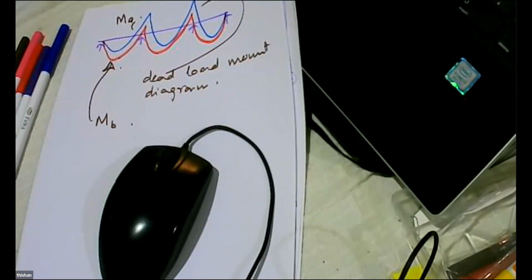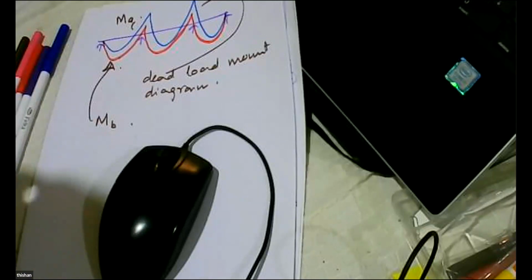The second condition is, just because you have got a zone which is valid throughout the length of the beam using the Magnel diagrams, it does not mean it is going to be adequate. You have to check whether it's adequate or not by using the EP upper limit and EP lower limit. Those are the very important things I have highlighted, because if you don't know these two things, your design can be rejected.